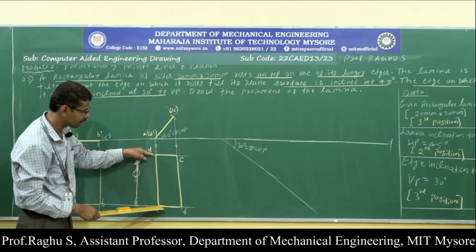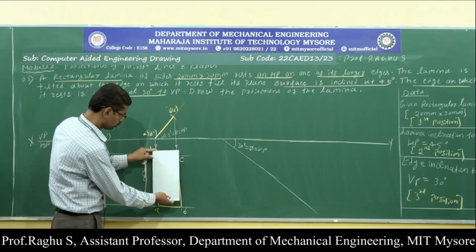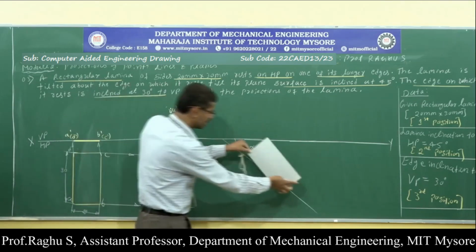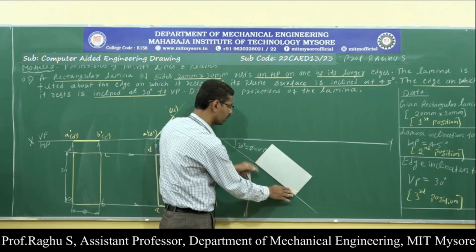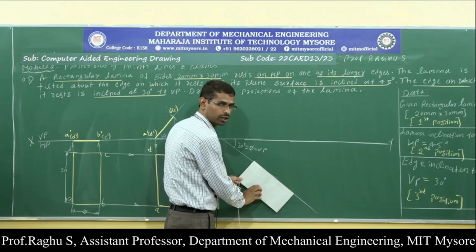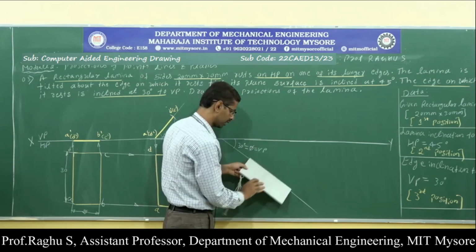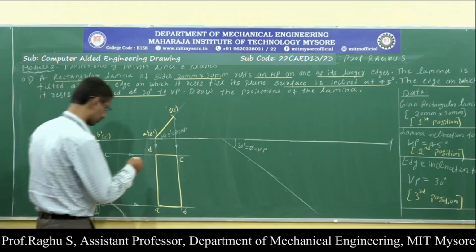Now you place the rectangle lamina such that the resting edge is inclined 30 degree with respect to VP. You can place the lamina like this, or you can place the lamina like this. No problem. Now redraw this.